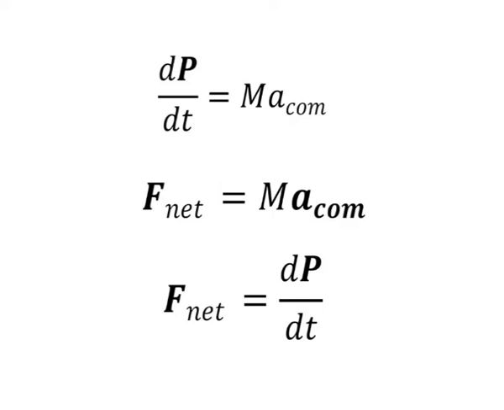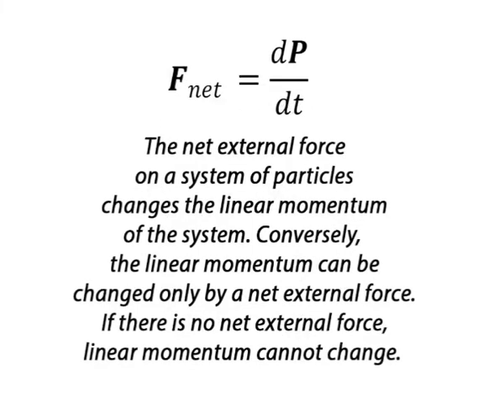This equation is a generalization of the single particle equation to a system of many particles. In words, the equation says that the net external force on a system of particles changes the linear momentum of the system. Conversely, the linear momentum can be changed only by a net external force. If there is no net external force, linear momentum cannot change.